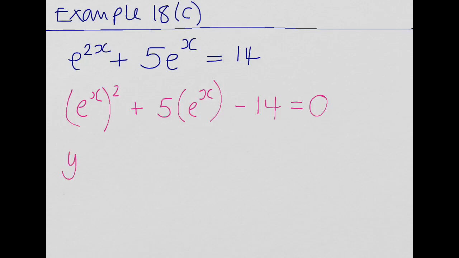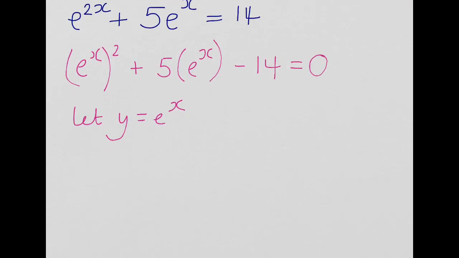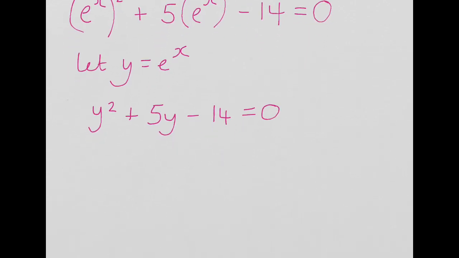And then it's according to how you want to go from here. Some people like writing let y, let's actually erase that to make it slightly neater, let y equal e to the x. And then you could write y squared, add 5y, subtract 14 equals 0. And we then need to go about factorising that.